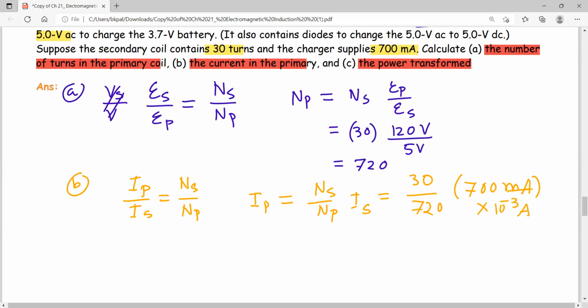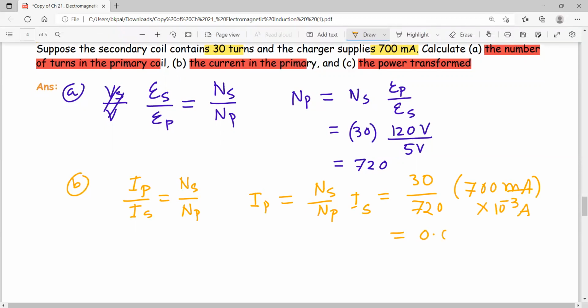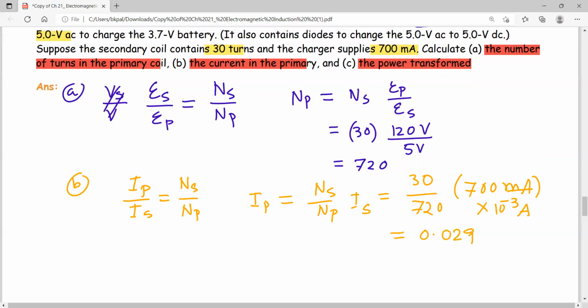Now if you solve this, plugging all those numbers into your calculator, you should get something like 0.029 amp.